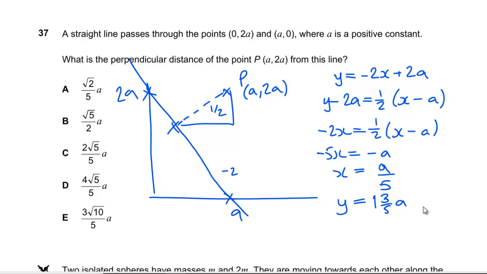So my change in X here is 4/5 of A. My change in Y here is 2/5 of A. So Pythagoras it up. I can take those 5s and A's outside. So I'll have an A over 5. And then I'm going to have a root of 20. So 2 root 5 over 5, C.